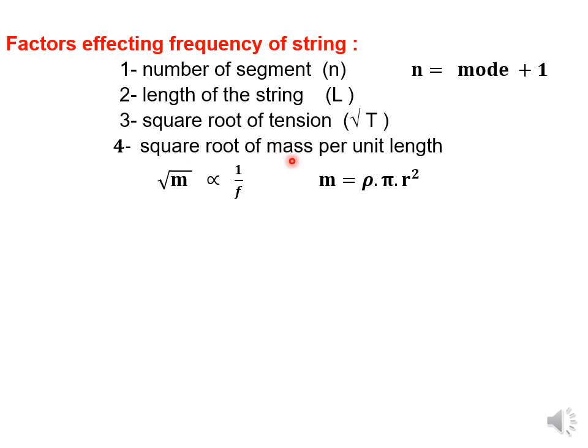Then the square root of mass per unit length, which is in kilogram per meter and equals rho, the density of the material of the string, times 3.14 r squared, the radius of the string squared. The root of mass per unit length is inversely proportional to the frequency of the string.